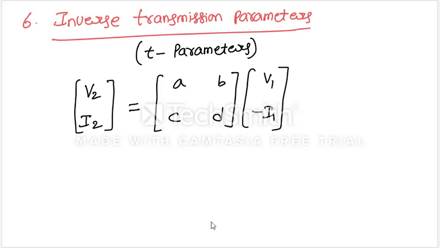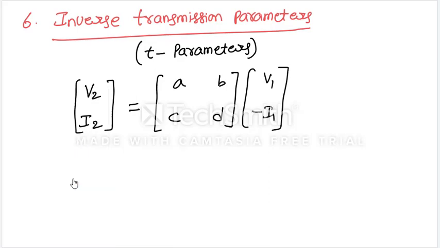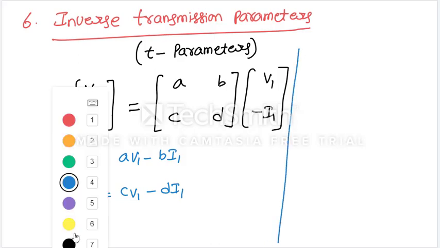We can write the equations as V2 is equal to A V1 minus B I1, and I2 is equal to C V1 minus D I1.